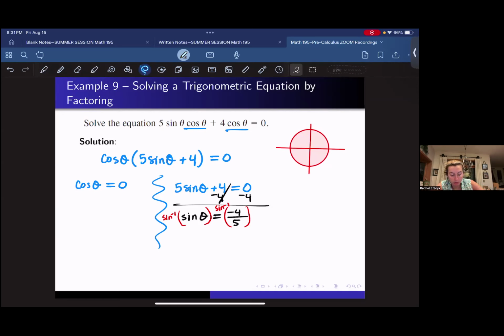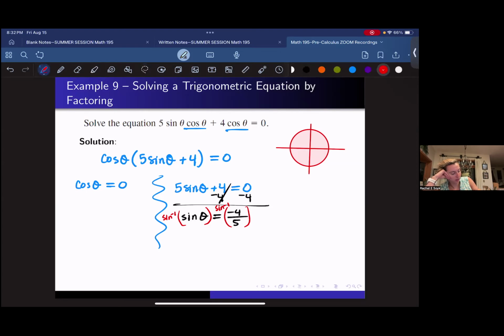And so, let's see, -0.8. We get -53.13, and then we want to figure out the respective of that, and that's our -126.87 in our third quadrant.